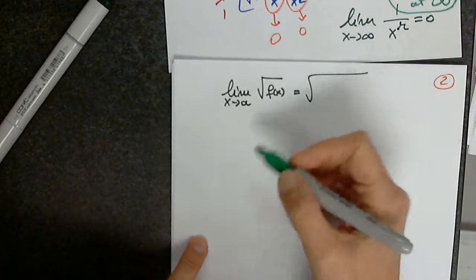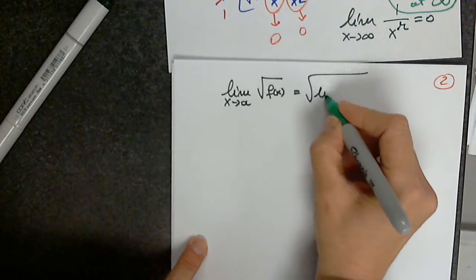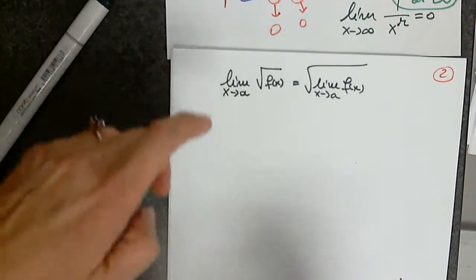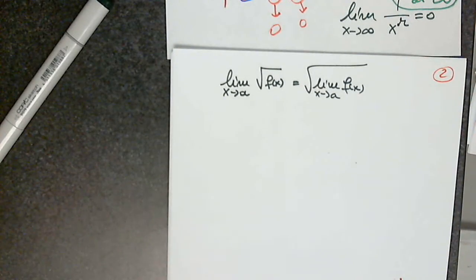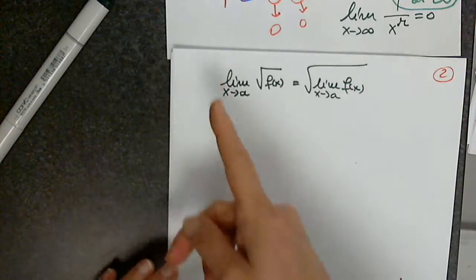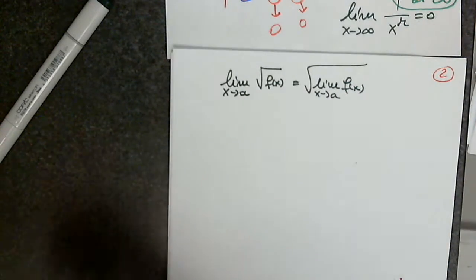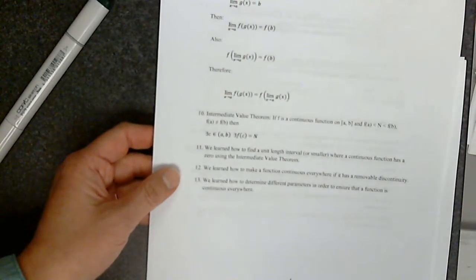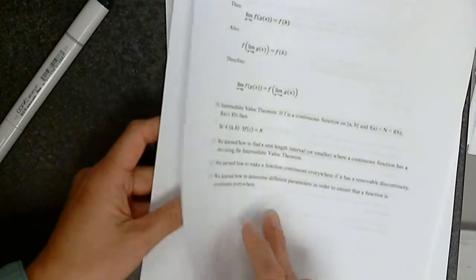Exactly. So this was in the limit laws. Okay. F of x as x approaches a. Of course, under certain conditions, right? Because it's a square root and so on and so forth. I just wanted to identify one situation in which we use the swapping operator theorem. The intermediate value theorem, you correctly used it on the test. I was happy to see that.